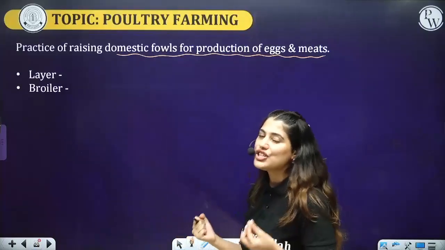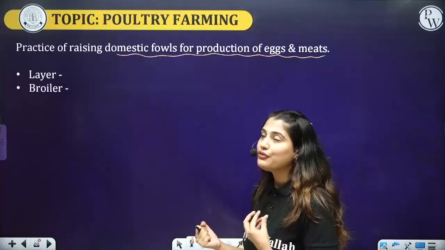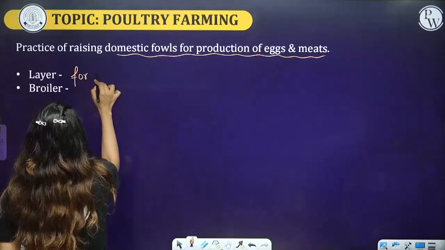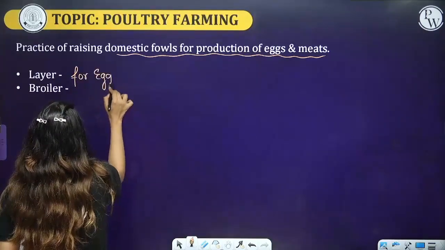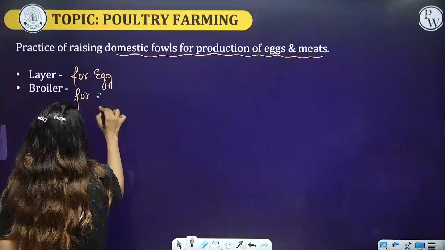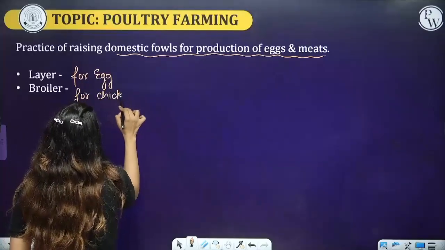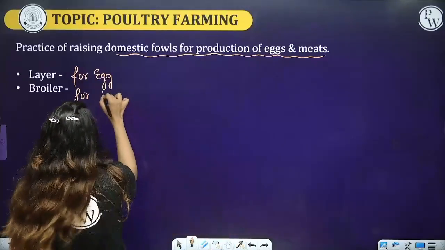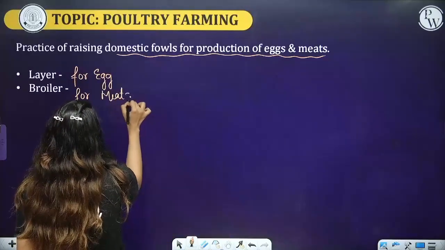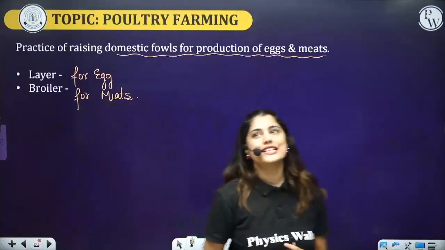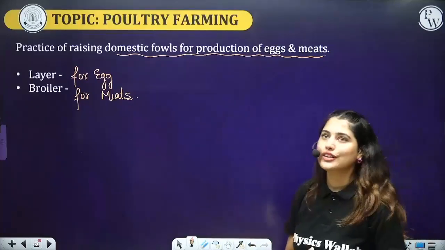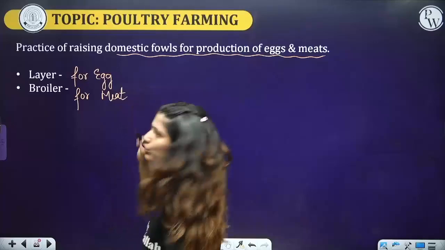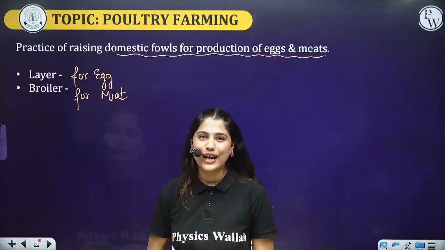The birds which we are growing for the purpose of eggs are called layers, and the ones which we are growing for the chicken meat are called broilers, right? We have layers and broilers. Layers for the egg, broilers for the meat. Let's write it. Meat. Done. Let's move ahead now.